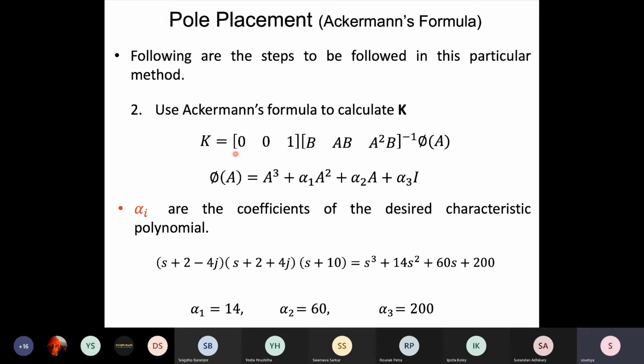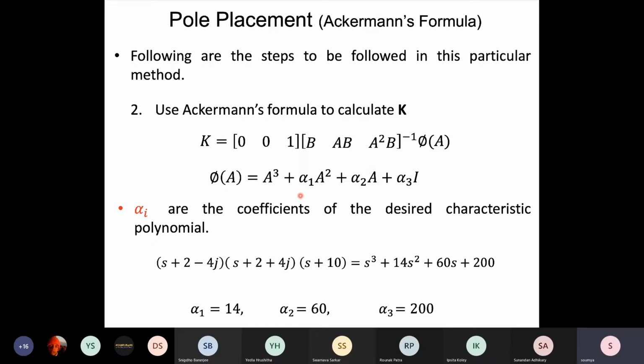Now we are going to apply Ackermann's formula. K is first a null vector, all 0 followed by 1, then the inverse of the controllability matrix, and then a matrix polynomial with some coefficients.